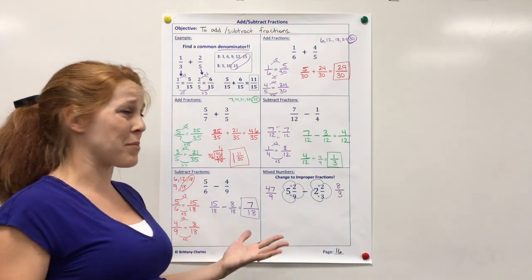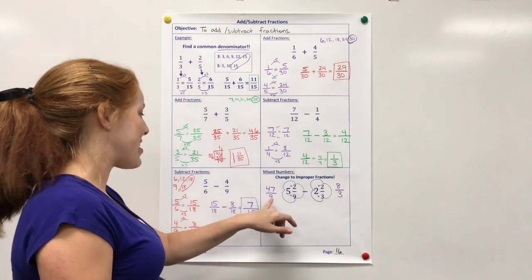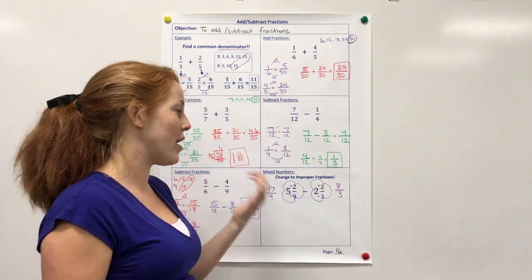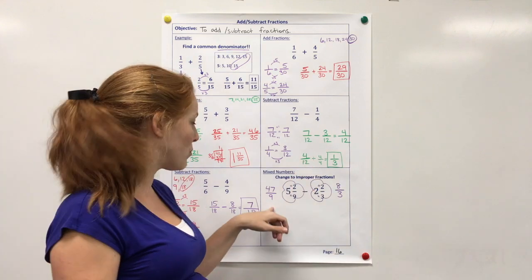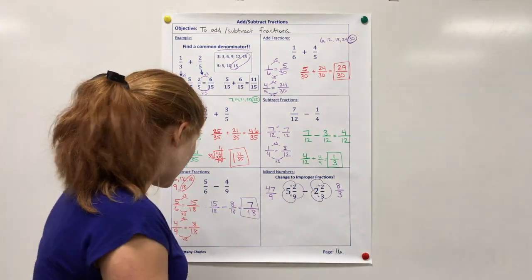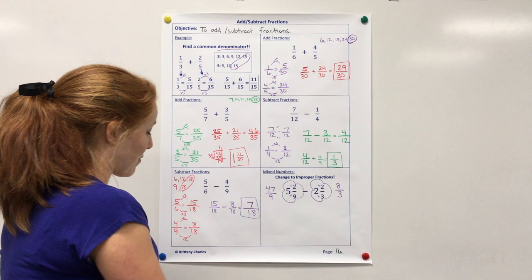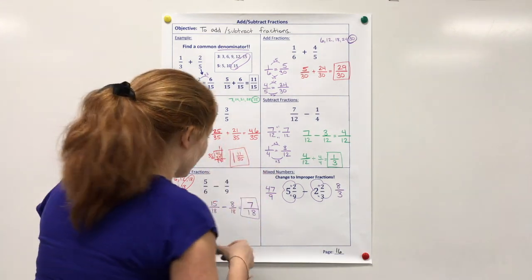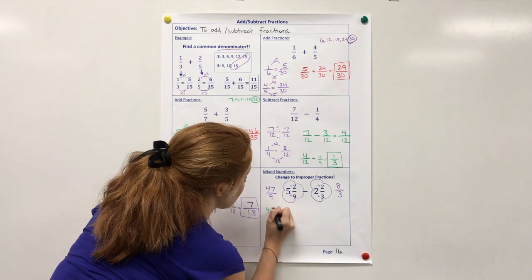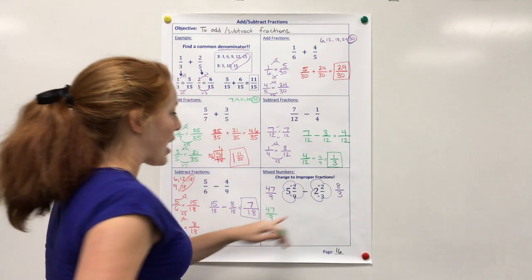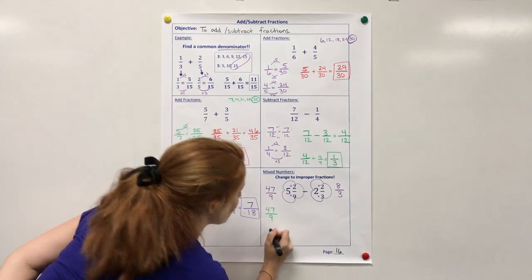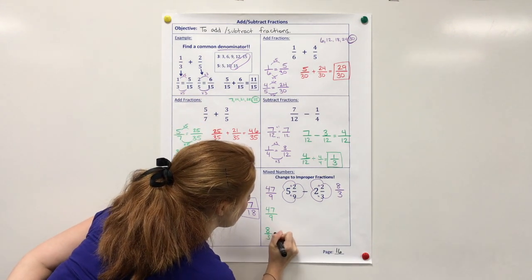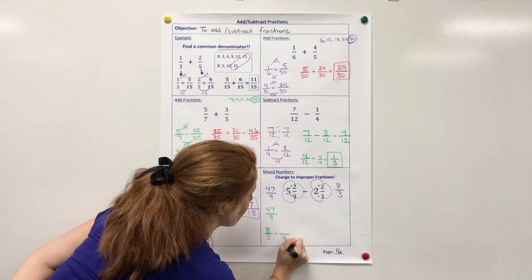Well, I still have to start by finding a common denominator. So I've got 9 and 3. Well, 3, 6, 9. 9 would work as my common denominator. Again, I'm not going to have to change this fraction because it's already in ninths. So yay. Let's just write that down, 47/9. I do need to change this one, so 8/3 equals how many ninths?